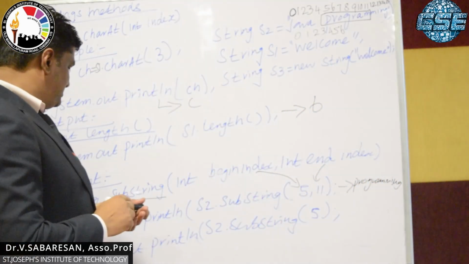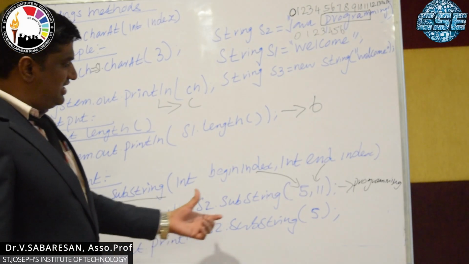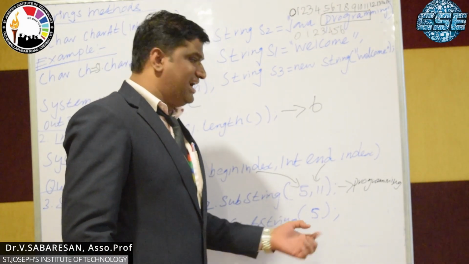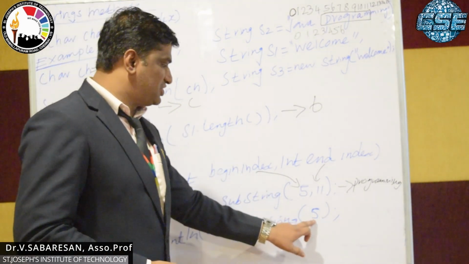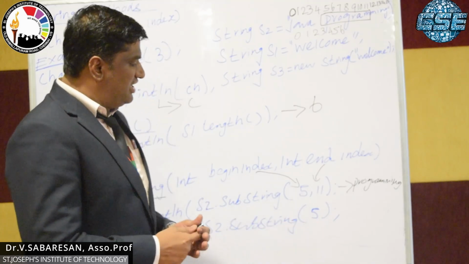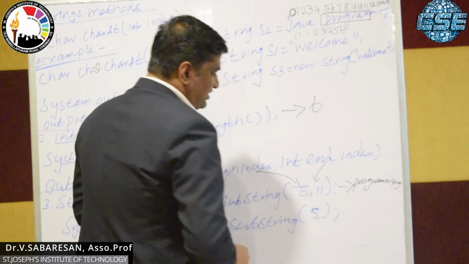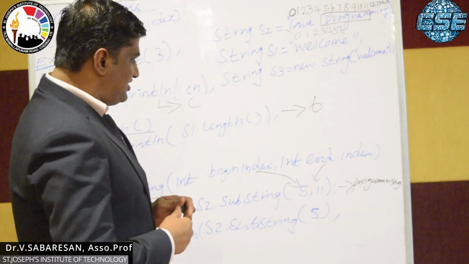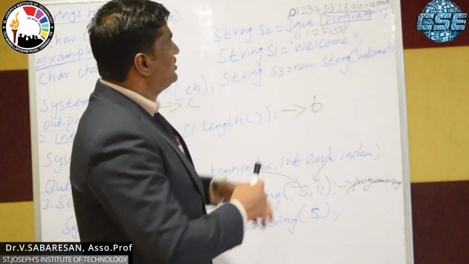The next method looks almost similar, but here you are not providing the ending index. For example, you provide the starting index as 5, but not the ending index. So the compiler understands that the string should be displayed from 5 to the end of the string.